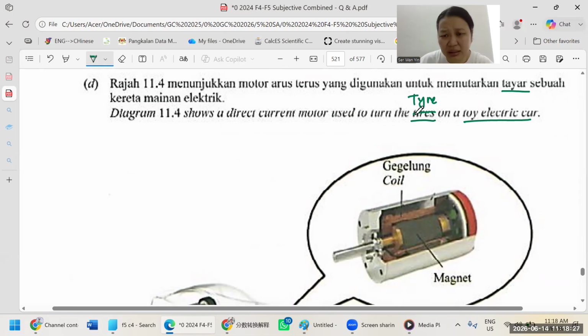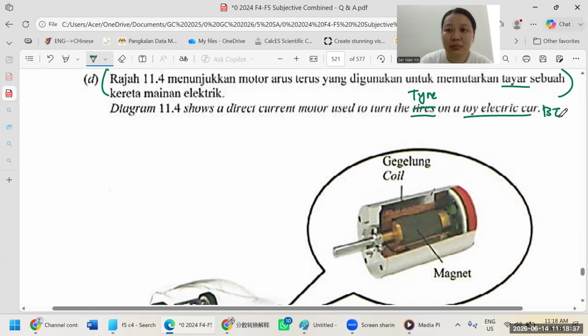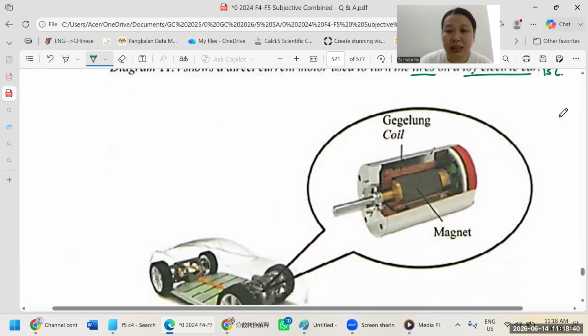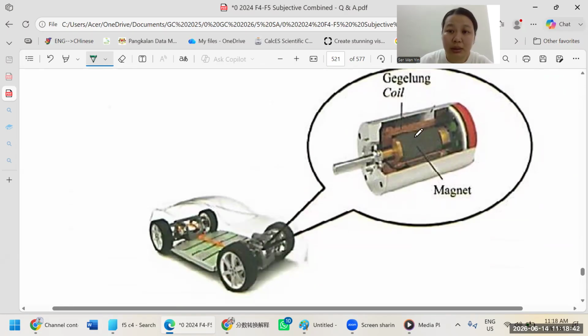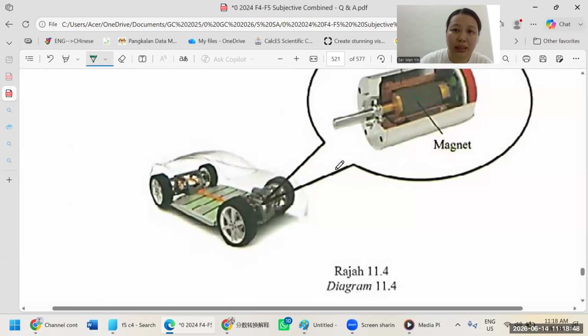If you feel the English is a bit weird, most probably they made a BM sentence translated to BI. Then you read back the answer. So now this one is a magnet and coil. This one has the magnet inside, coil outside.